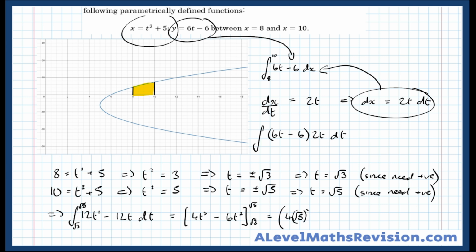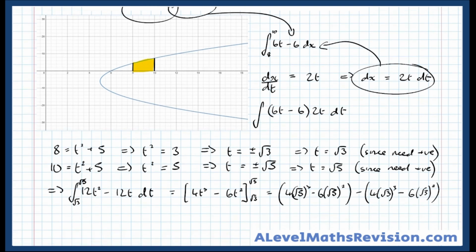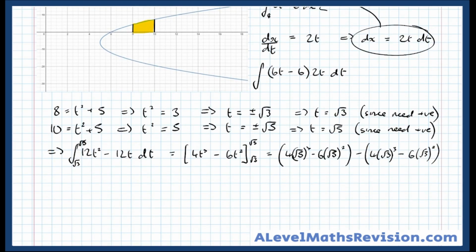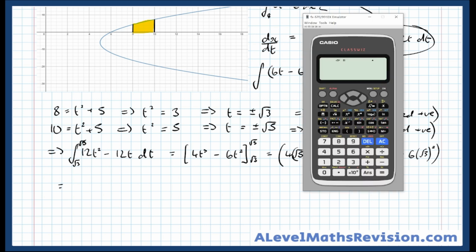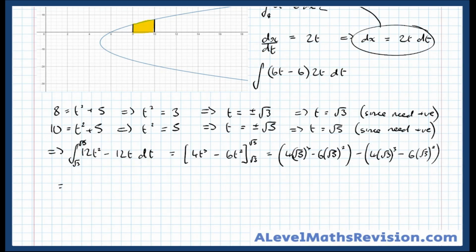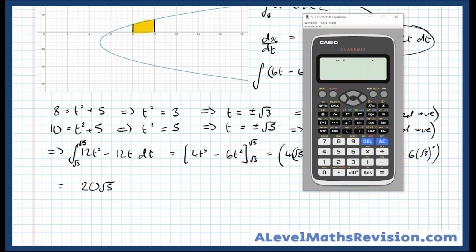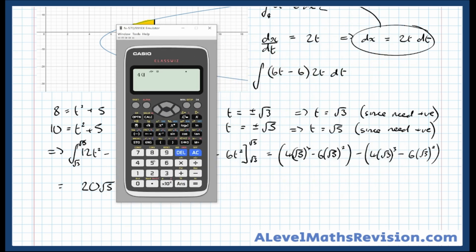4 root 5 cubed minus 6 root 5 squared, take 4 root 3 cubed, take 6 of root 3 squared, which is equal to, and root 5 cubed is root 5 times root 5 times root 5, it's 5 root 5, so that there becomes 20 root 5.